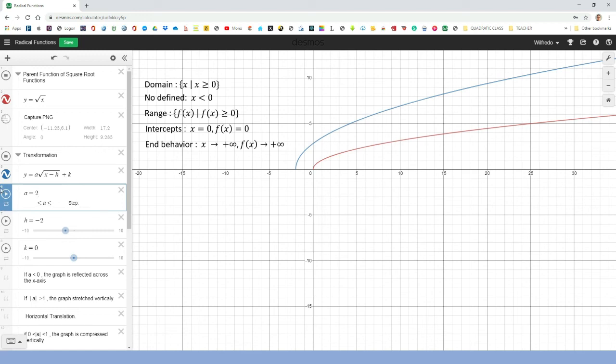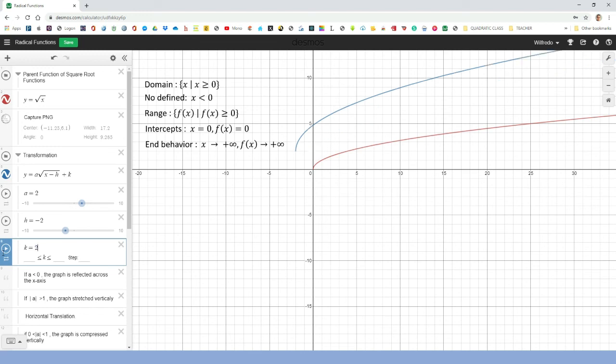If a is positive, the range is positive numbers. And now it moved 2 units left because h is negative. Now I'm going to change k, for example, to 2. What happened? The function moved 2 units up.